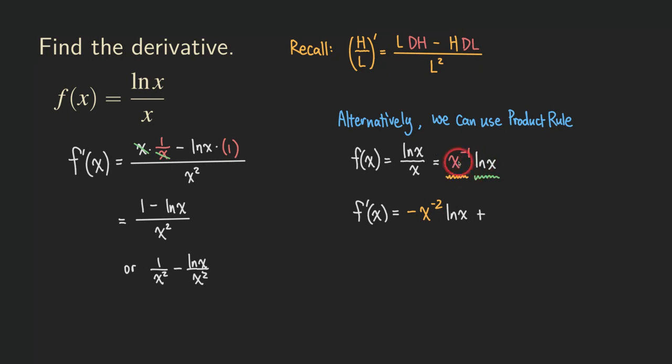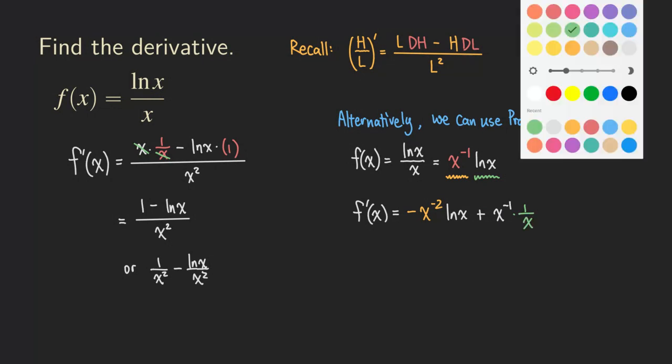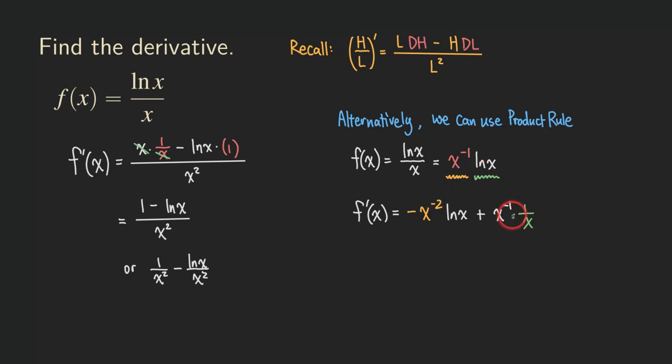Okay, so we are just going to copy this function here, which is x to the negative first, and then we are going to take the derivative of this ln of x. So we are going to be getting times 1 over x. The derivative of ln of x is 1 over x. And then now all we need to do is to simplify it, and then you can see that our answers will be the same.